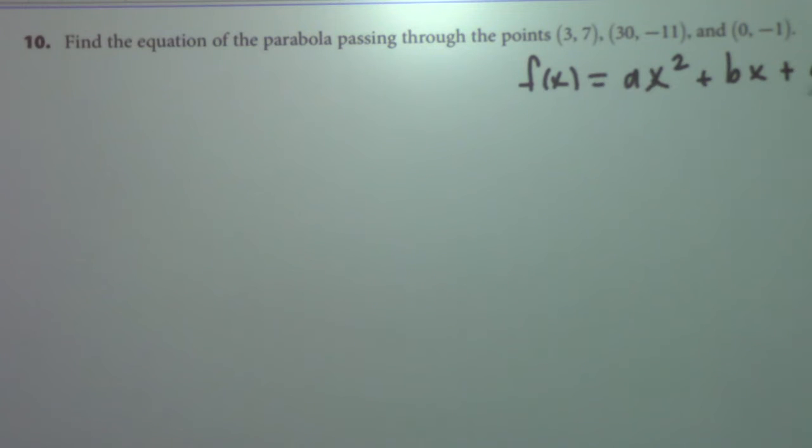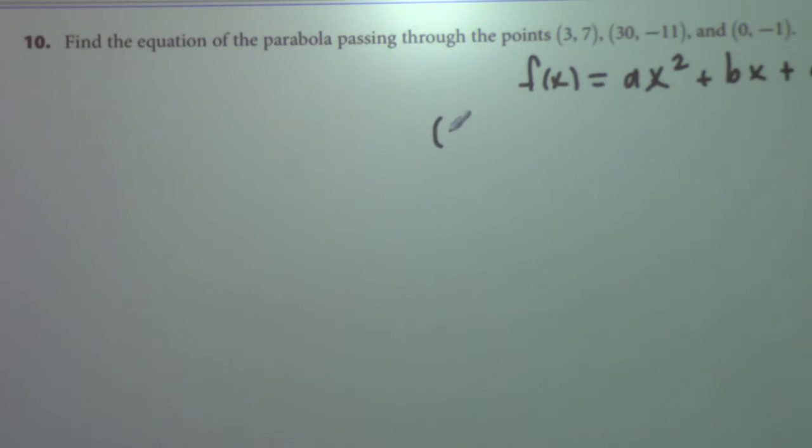So what are we going to do with this thing right here, do you think? Yeah, we're going to plug in the numbers here. We're going to do these one at a time, and I'm just going to do these on the right side.